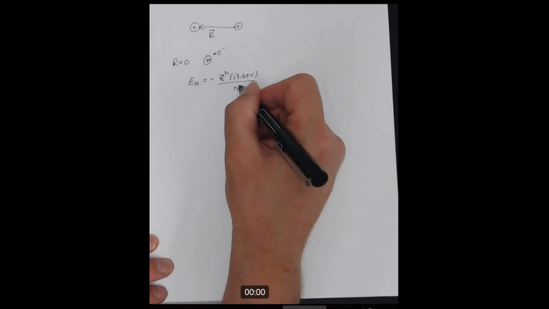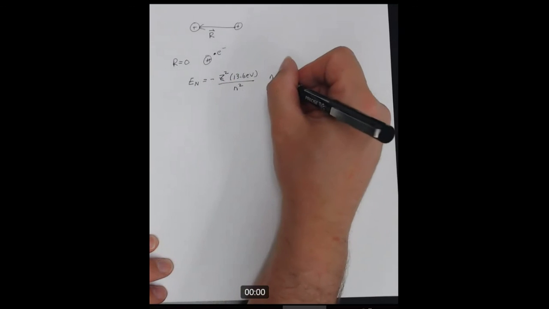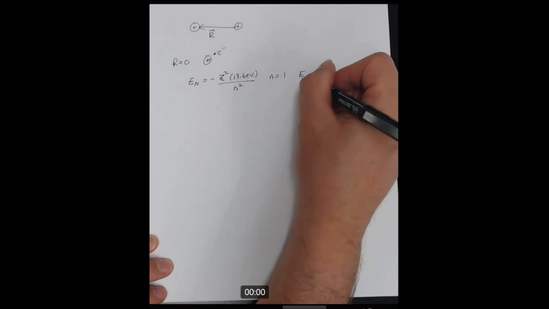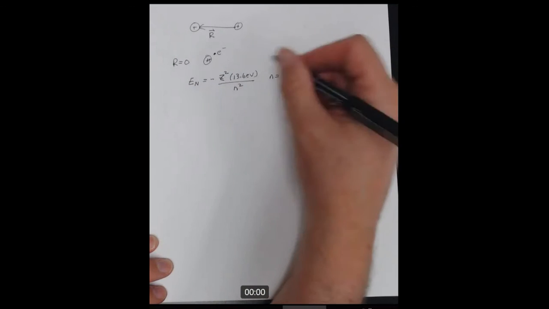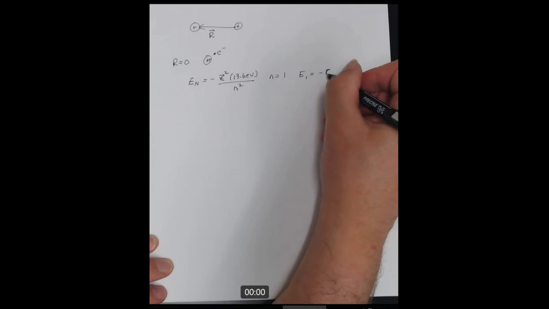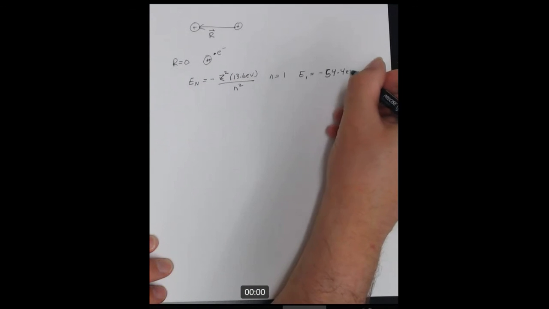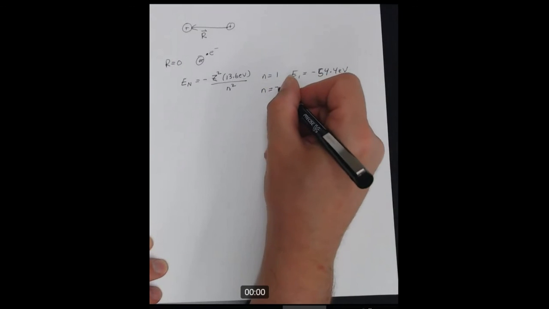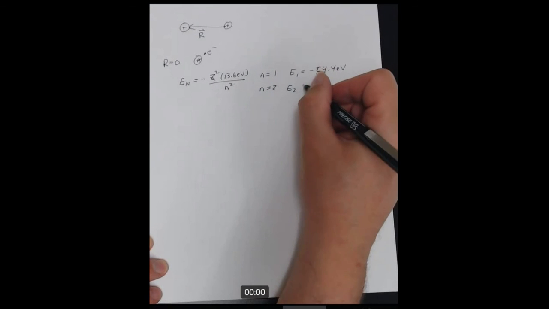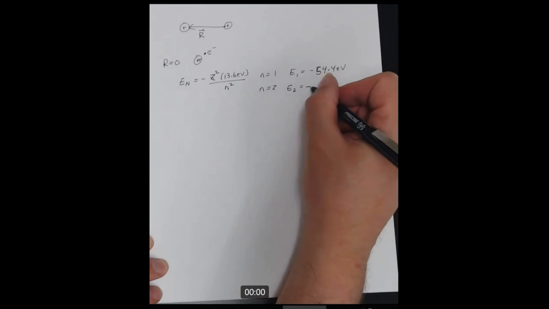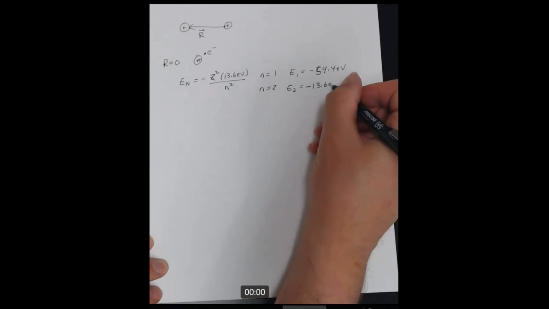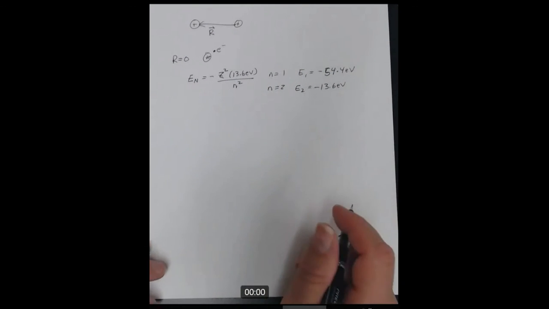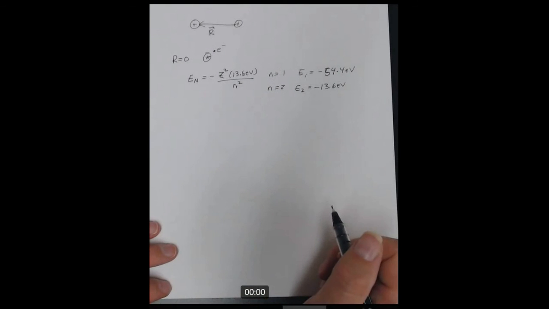When n equals 1 and R is 0, we'll call it E1. Z is 2 in this case, so you'll get negative 54.4 eV. And when n is 2, you'll get E2 at a higher energy, negative 13.6 eV. Negative 13.6 is higher, closer to 0 than negative 54. So that's when R is 0.